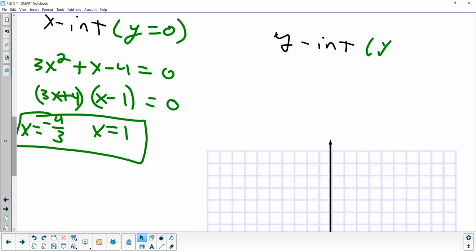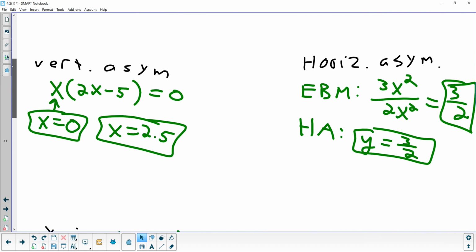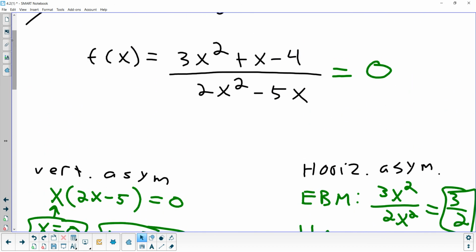Y-intercept. That's when you fill in 0 for x. What do I get if I fill in 0 in the top? Yep, negative 4. What do I get if I fill in 0 in the bottom? Yeah, 0.